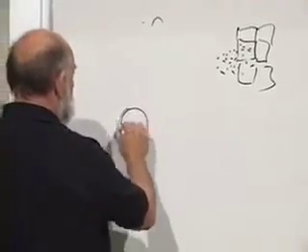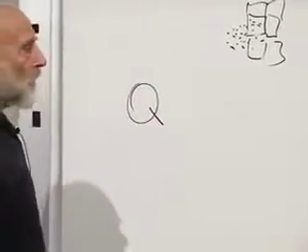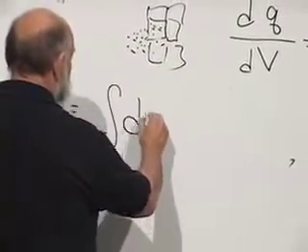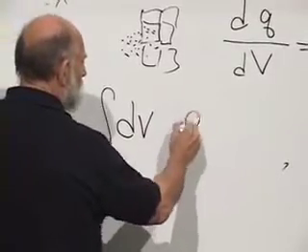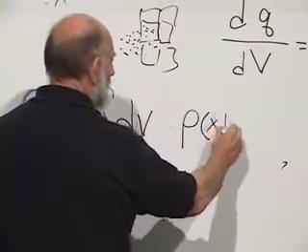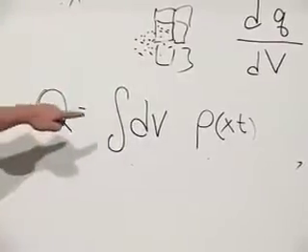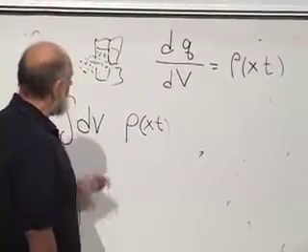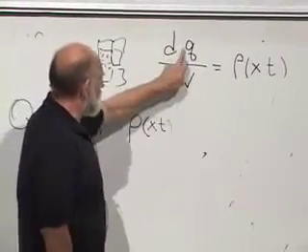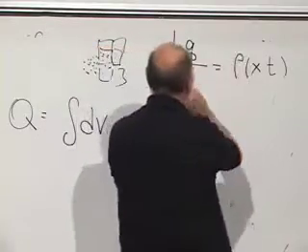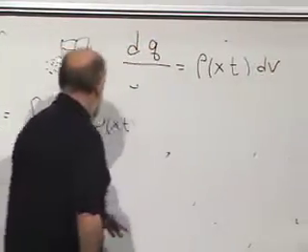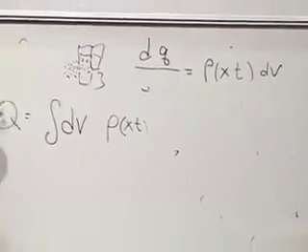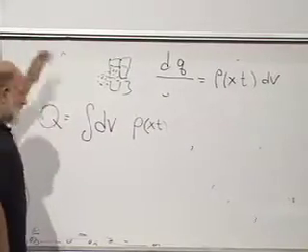The total charge, let's call it capital Q, total charge in the world is the integral over all of volume of space of the charge density, rho dV. That just means you add up all of the cells. In each cell, there's a charge which is equal to dQ, which is rho times dV. So you add up all the rho times dV's. That's what an integral is. It just means add them all up. And that gives you the total charge, in this case, in the whole world.